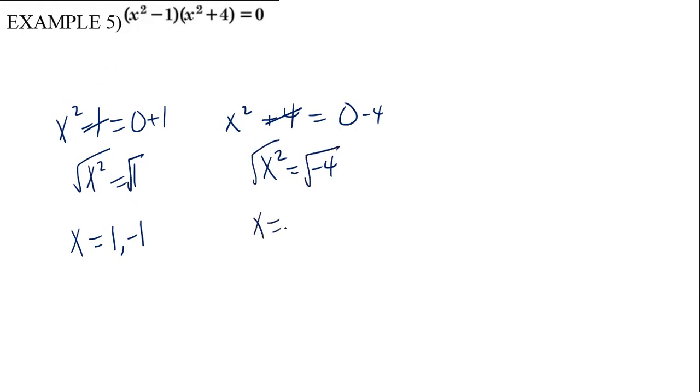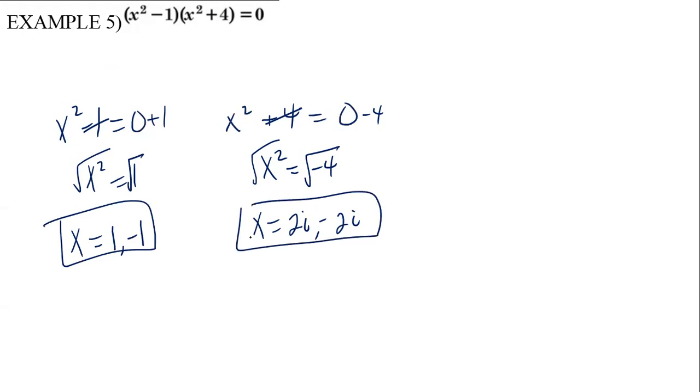That leaves me with x equals positive 2i and negative 2i. Between my real and my imaginary, there are 4 solutions. And if I was to FOIL this through, I would end up with a 4th degree polynomial. And I have 4 solutions, so I know I did it right. All right, so that concludes us using our factors to solve.